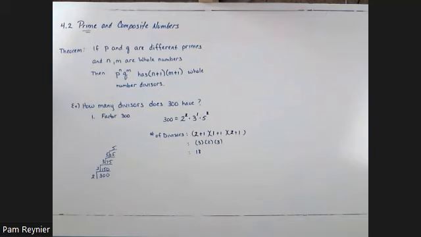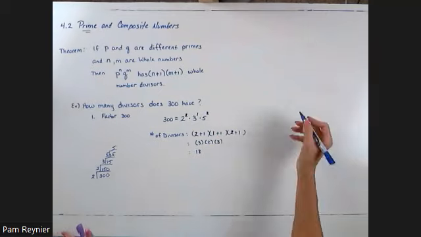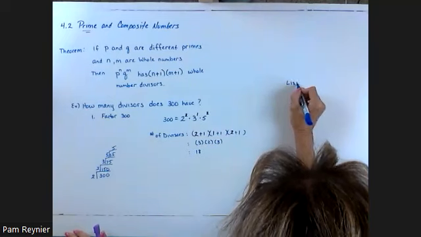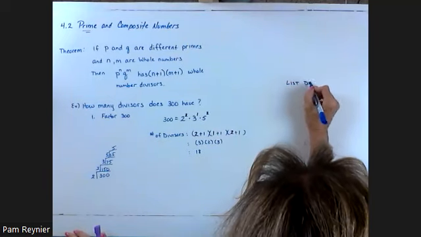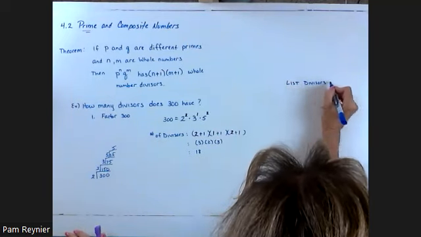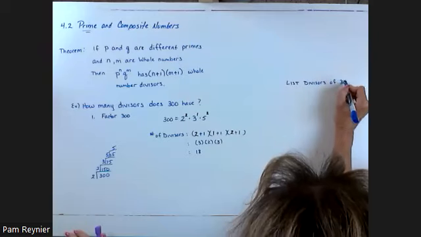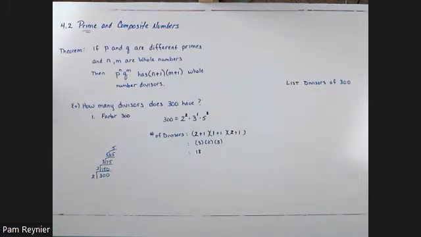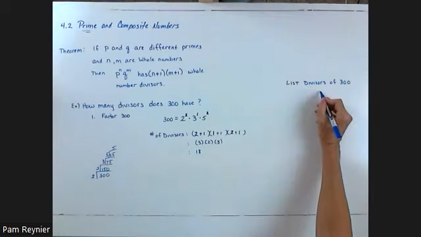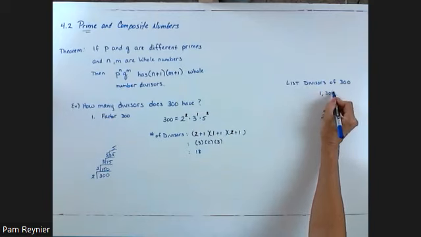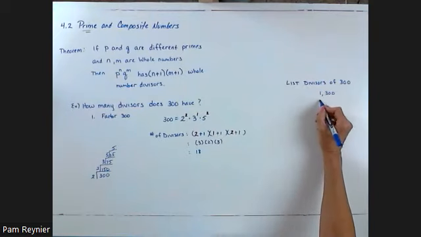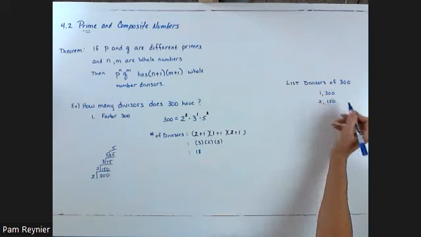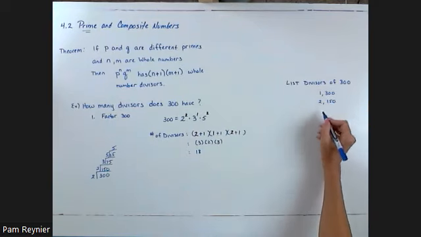Now, just to speed up this process for you, if I asked you to list the divisors of the number 300, I'm going to do this in pairs. So we do have 1 times 300, 2 times 150, 3 goes into 300 100 times.